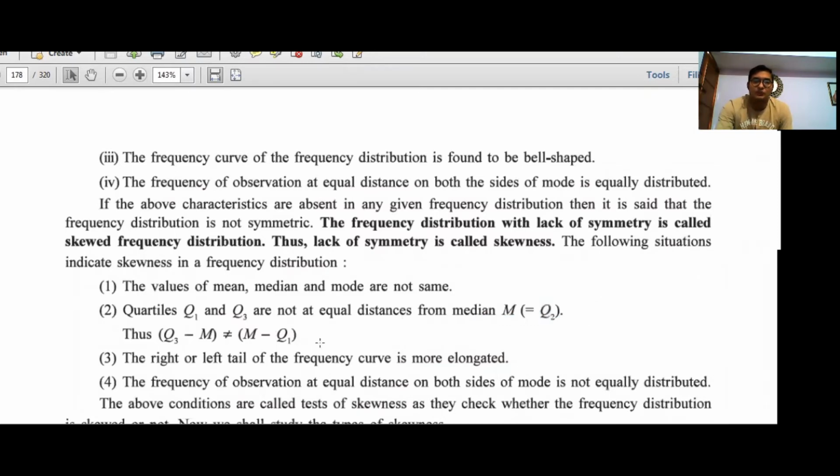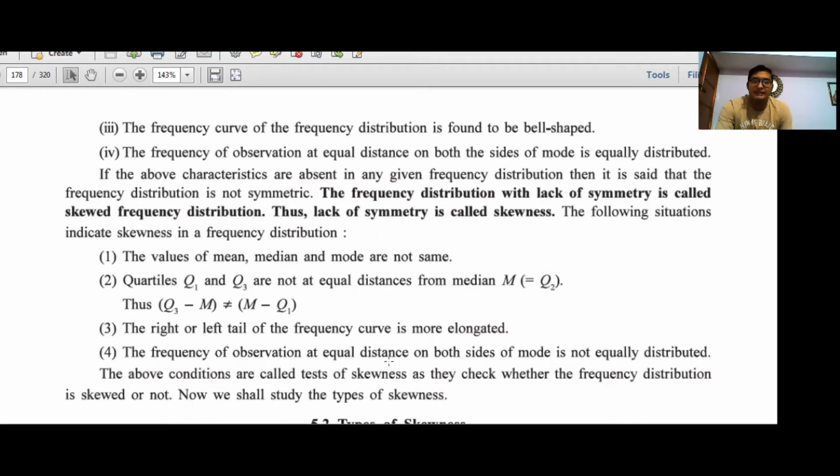Fourth, the frequency of observations at equal distances on both sides of the mode is not equally distributed. I have prepared a graph over here. At one time it is elongated at the left side, and in another graph you can see that it is elongated at the right side. Elongated means it is stretched to the left or stretched to the right side.